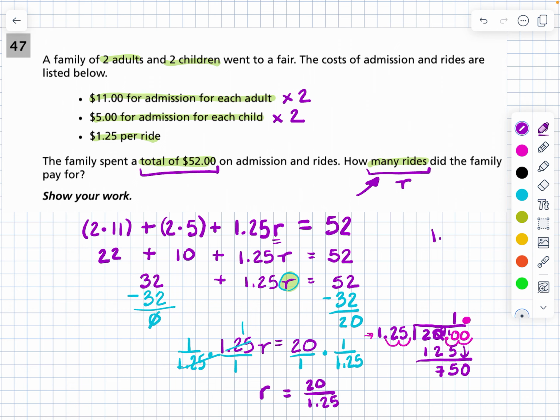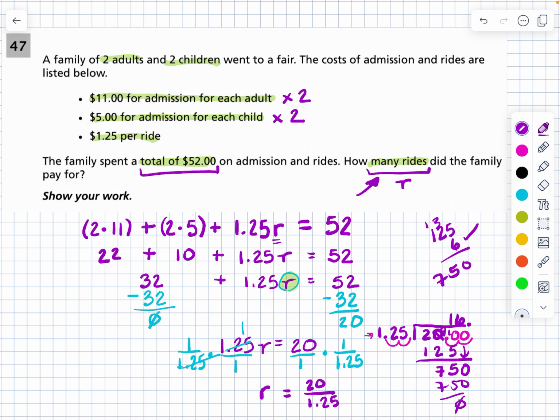Let's see, 125 times 6. 5 times 6 is 30, 2 times 6 is 12, and 3 is 15, and 6 times 1 is 6 plus 1 is 7, so 750. So it's going to be 6. I made my decimal a little bit large, so let me fix this so you can see it. So this is 16, okay? So that's 750 and 0.